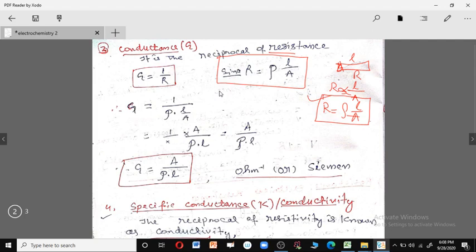It is the reciprocal of resistance, so G equals 1 by R, which is A divided by rho l. This is the formula of conductance. Its unit is ohm inverse, or sometimes it is called Siemens, right? So conductance is nothing but the reciprocal of resistance.